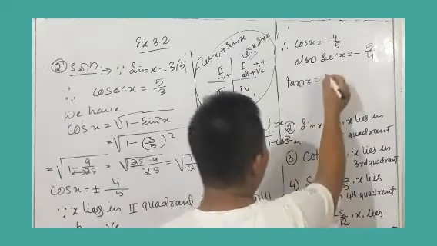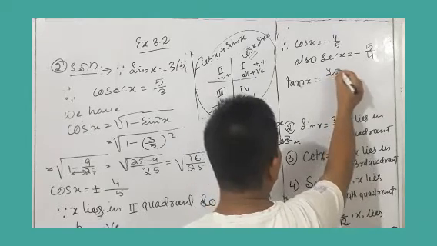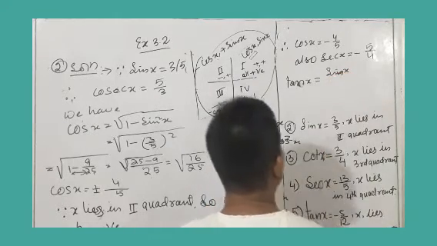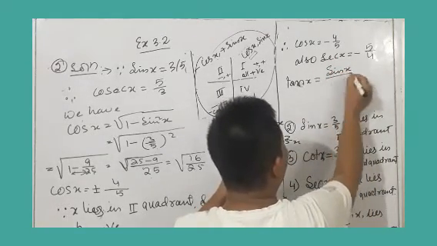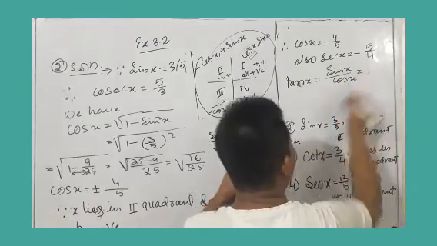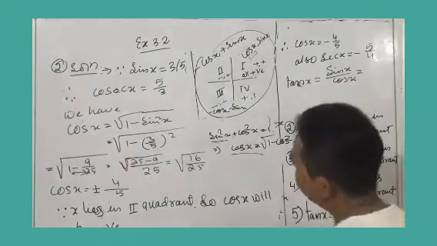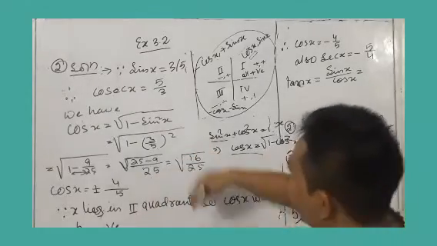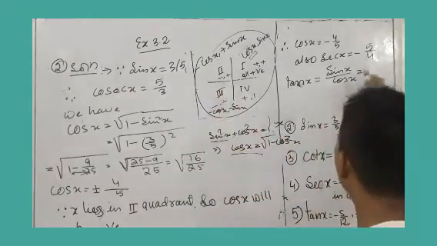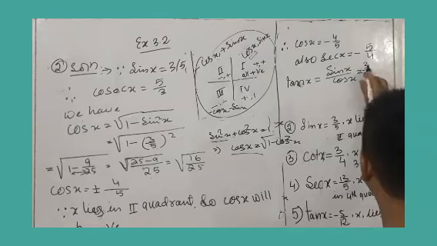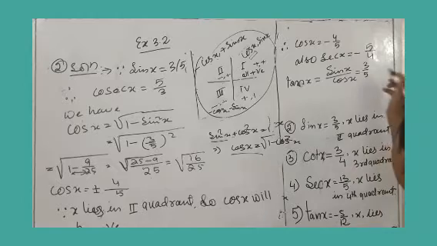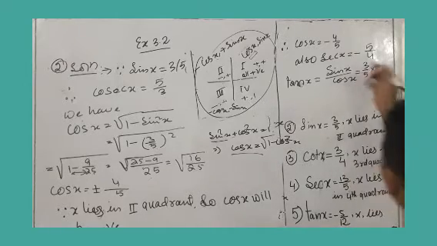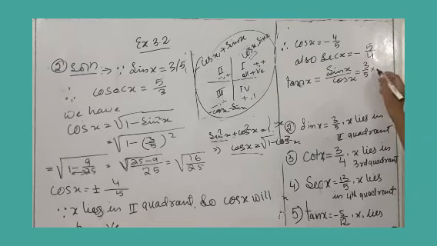As you know, tan x equals sin x by cos x. We have sin x equal to 3 by 5, and then I am reversing the cos x part, so it will be how much?